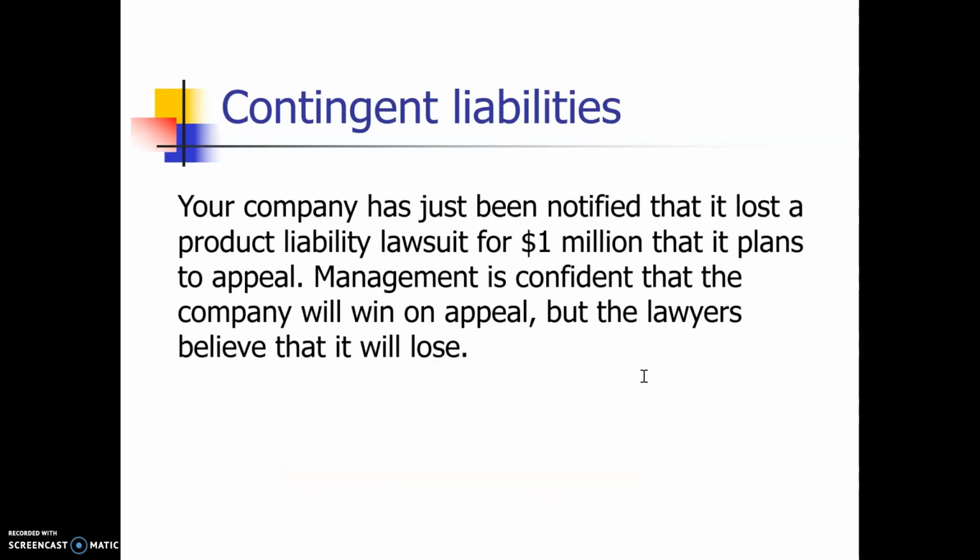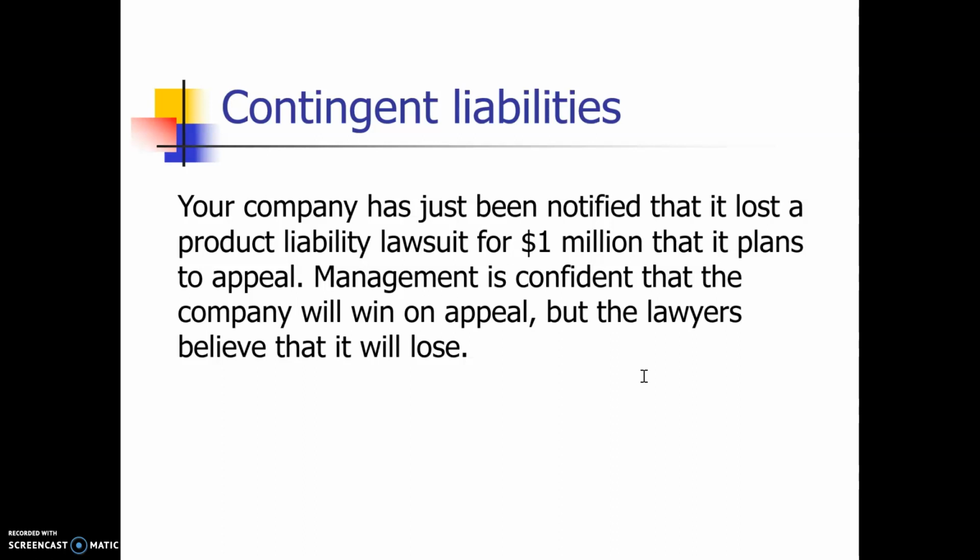Your company has just been notified that it lost a product liability lawsuit for $1 million that it plans to appeal. Management is confident that the company will win on appeal, so that we will not owe the $1 million, but the lawyers believe that they will lose the appeal. So the lawyers believe that we'll lose and that we'll have to pay, while management is saying we're going to win.